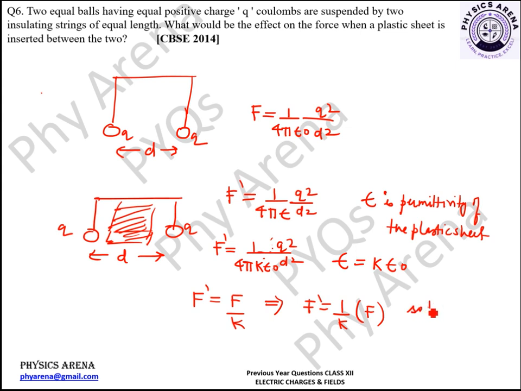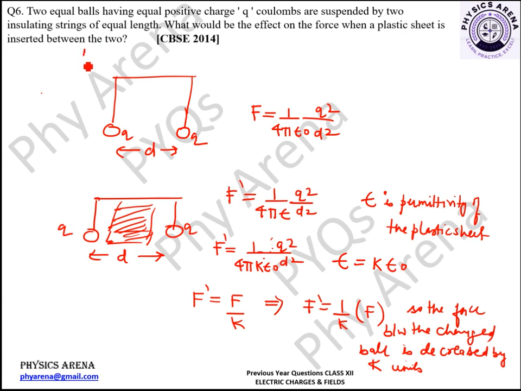So the force between the charged balls is decreased by k times. So when we insert a plastic sheet, the force between them decreases, by a factor of k. And this is the answer for this question. Here k is the dielectric constant of the medium that is inserted between the balls.